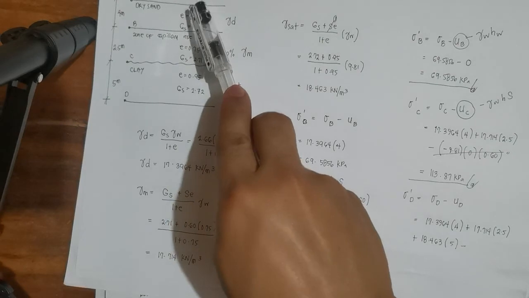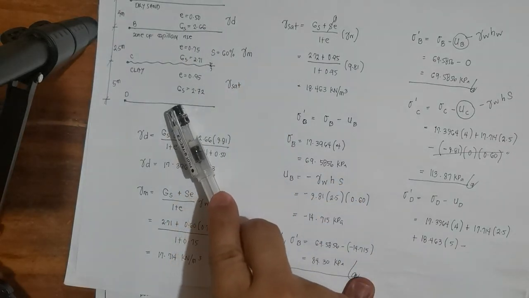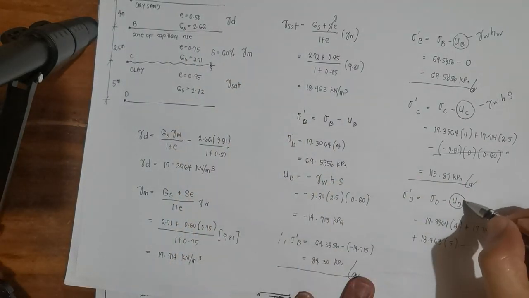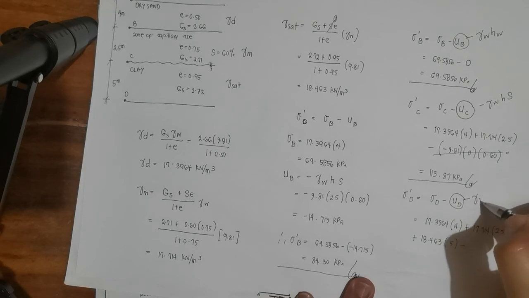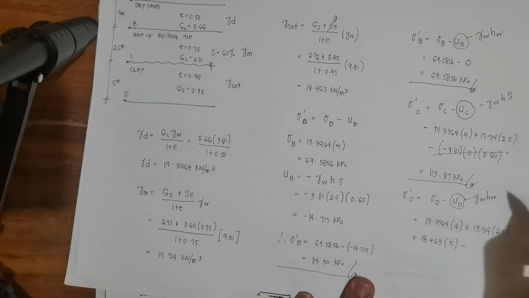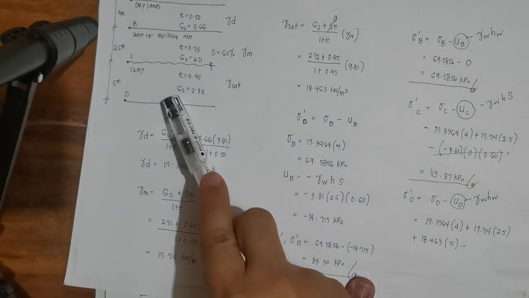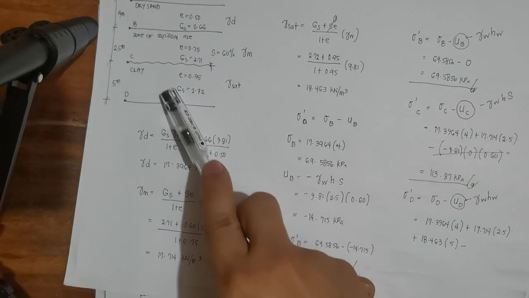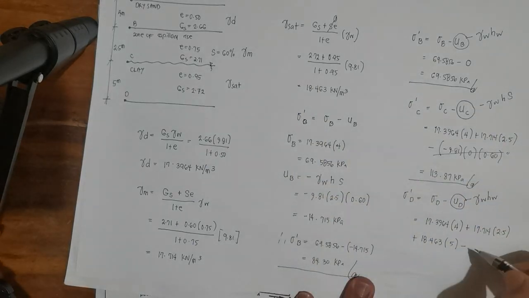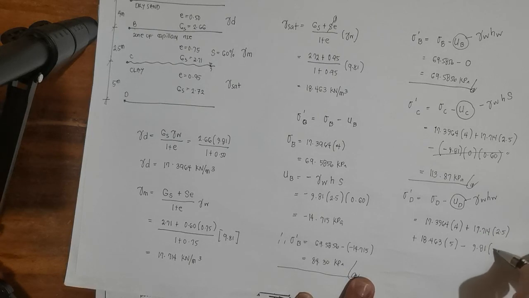So from the ground surface up to point D, water pressure is the product of the unit weight of water and the height of water. So from the ground surface up to point D, the height of water is 5 meters. So that will be minus 9.81 multiplied by a height of water which is 5 meters.